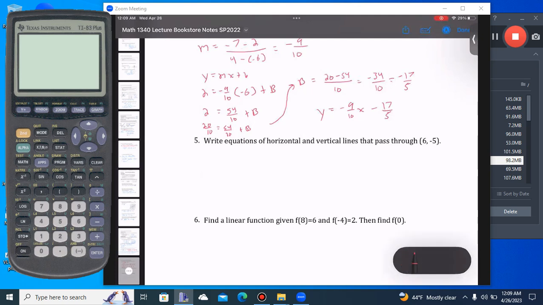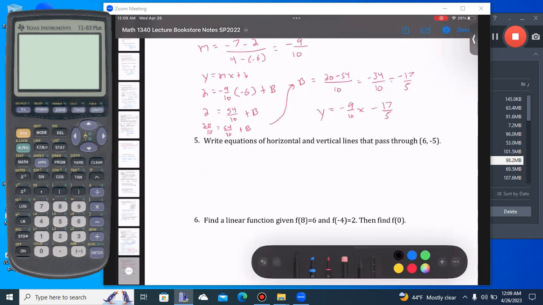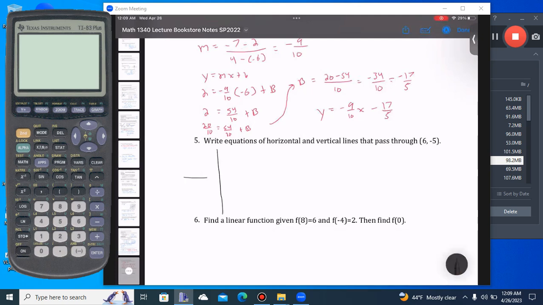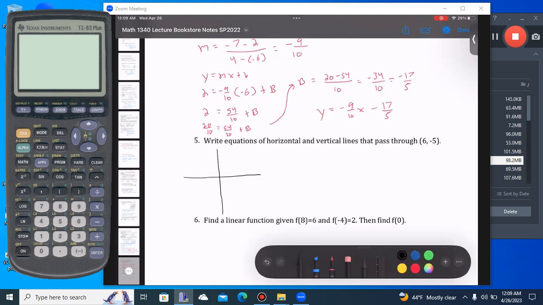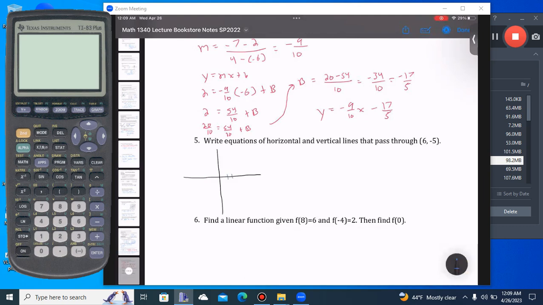Now if we're given a point, counting over, we get -5 and 6. And we want to know what vertical line goes through that point and what horizontal line goes through that point.